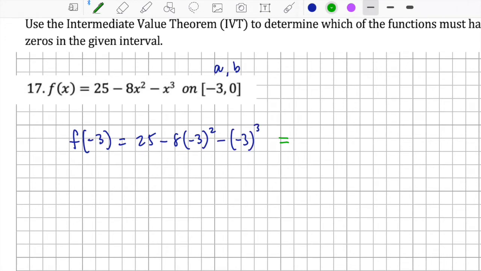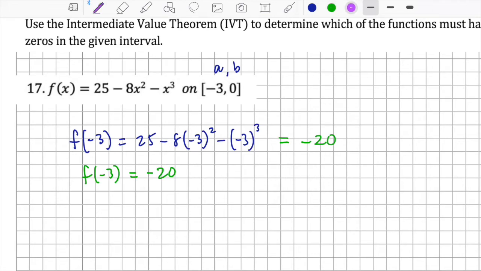So 25 minus 8, parentheses, negative 3 squared, minus a negative 3 cubed. That's going to give me negative 20. So that means that f of negative 3 equals negative 20.